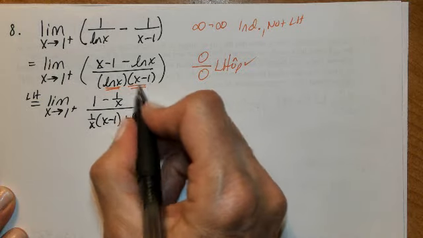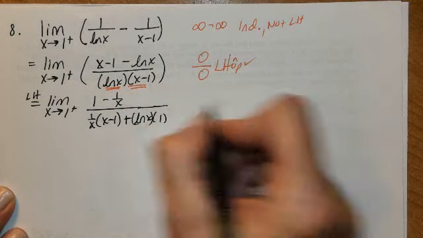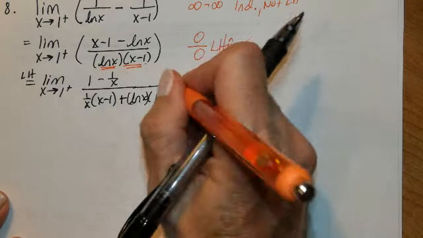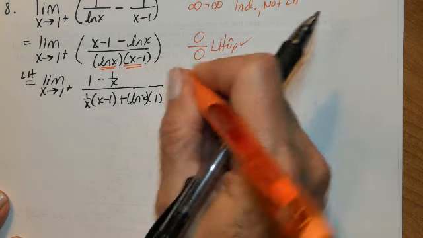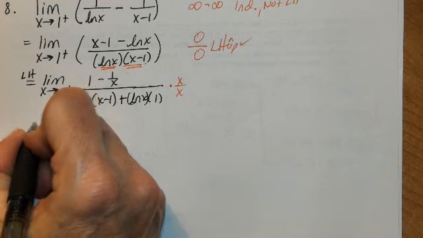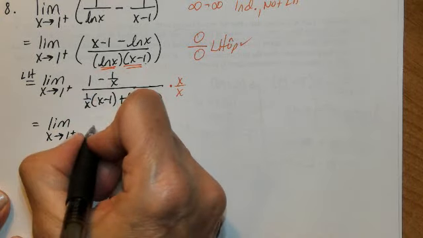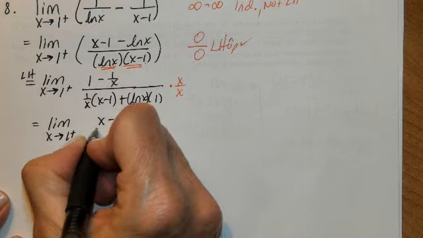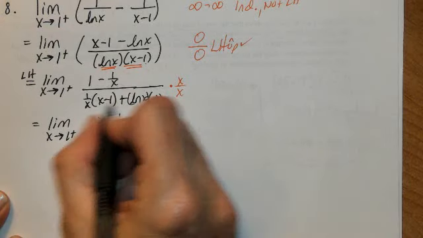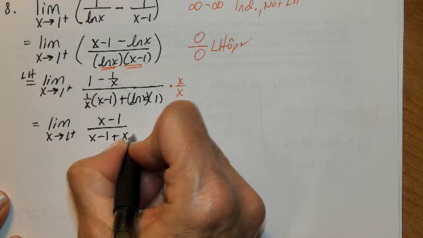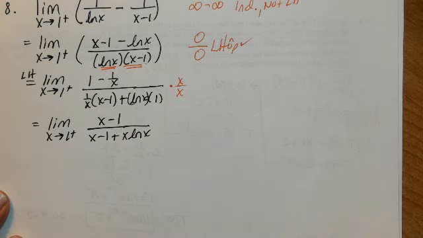The derivative of x minus 1 is 1. Okay. I want to clean this up a little bit. I'm going to multiply top and bottom by an x just to clean it up. If I do that, I'm going to get x minus 1 over x minus 1 plus x ln x.